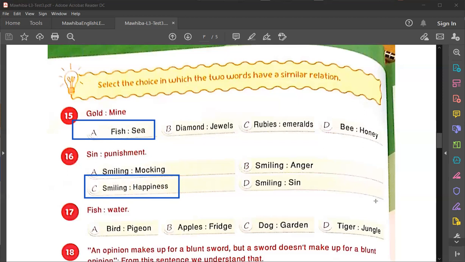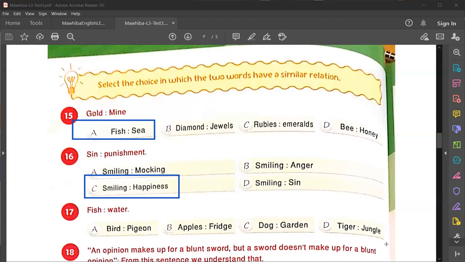What is the relationship between the 2 words? Fish lives in water, right? Right, good. And a tiger lives in a jungle, right? So be careful, Turkey.